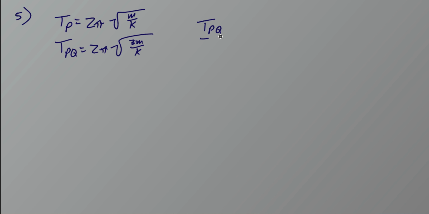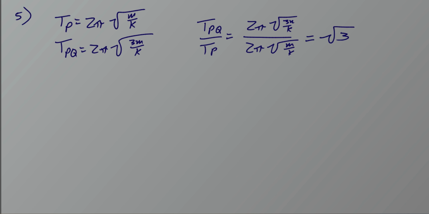All we need is the ratio of T_PQ over T_P, which will be 2 pi square root 3m over k divided by 2 pi square root m over k. A little bit of algebra should work out to be square root of 3 as the ratio between those two. All right, that wasn't too painful.